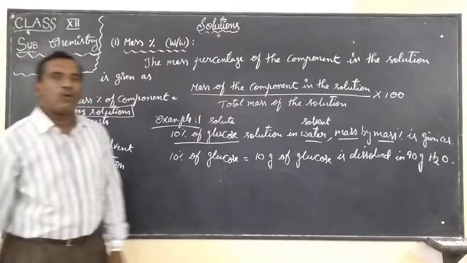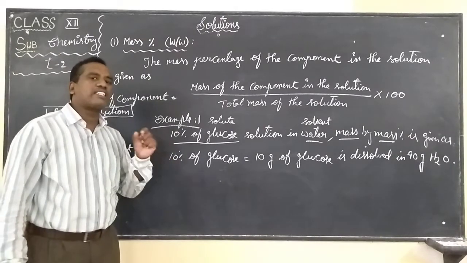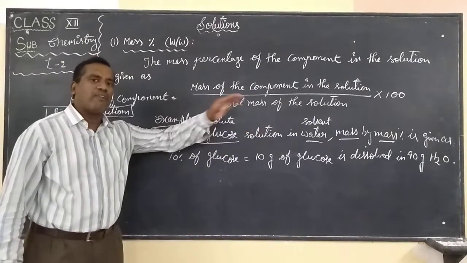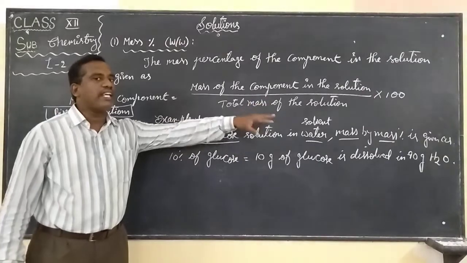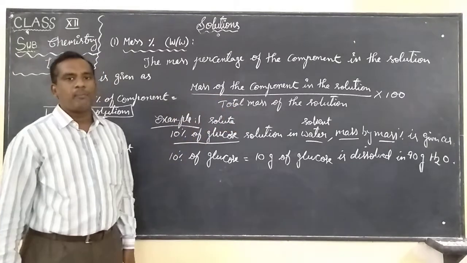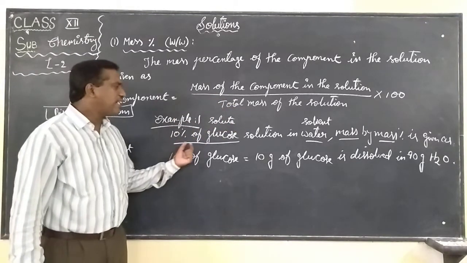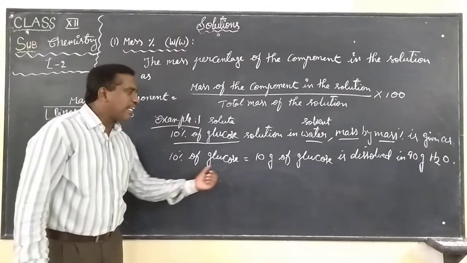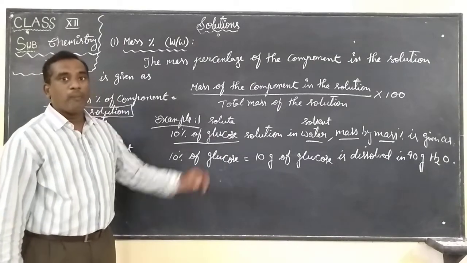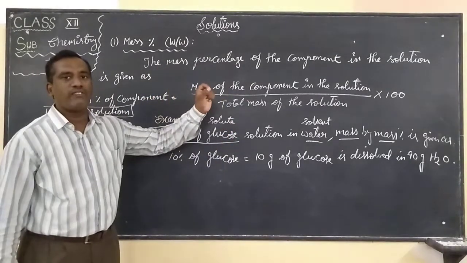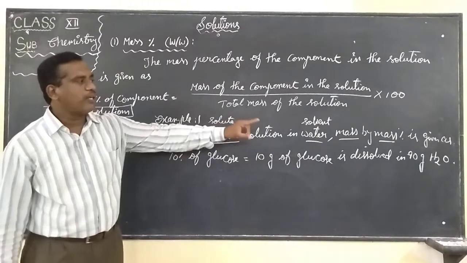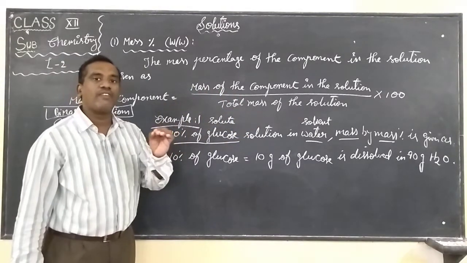So once we know the mass percentage of one of the components, if we remove it from 100, the remaining component will have that percentage, or we can express it in the form of mass. So 10% of glucose means 10 grams of glucose is dissolved in 90 grams of water by mass percentage. If that is not given, we don't know whether it is volume or mass, so mass by mass percentage is the one we need to express.